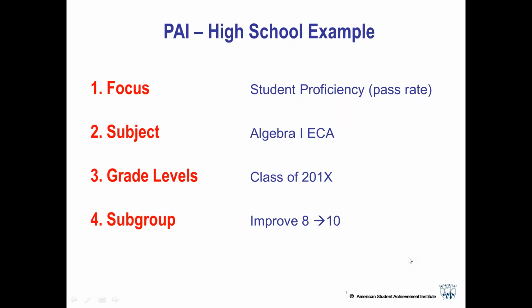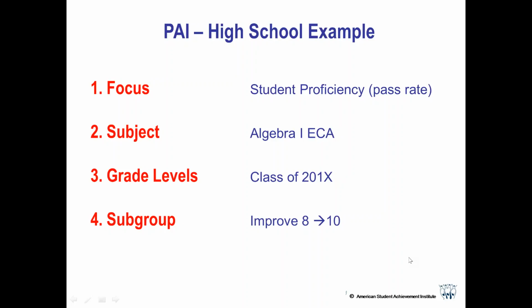So again, that's another way of identifying the student group. And then the subgroup is, this time I'm going to work with that, and I'm trying to improve the pass rate between 8th grade and 10th grade, or 10th grade, 12th grade. So again, that's how we're defining that PAI. And again, if I'm on your school board, or I'm a parent, or I'm at the Department of Ed, I get a general sense of what the school's working on.